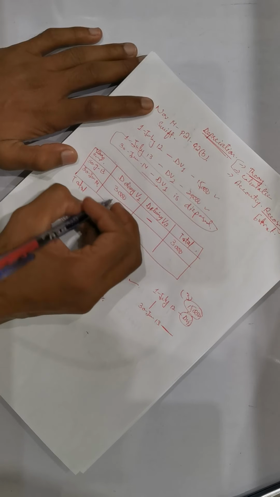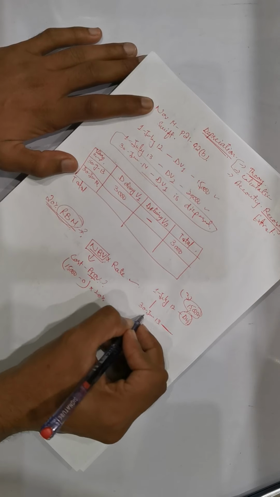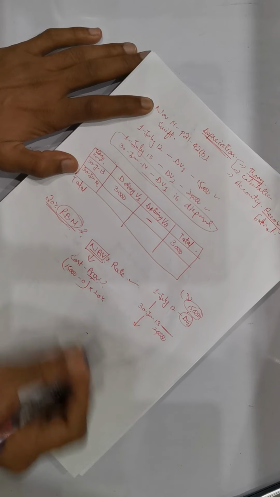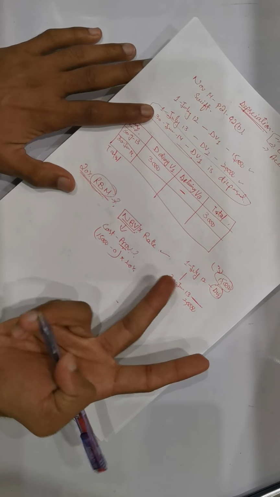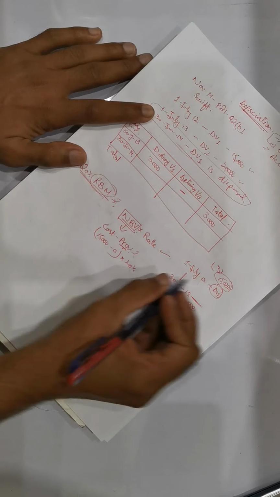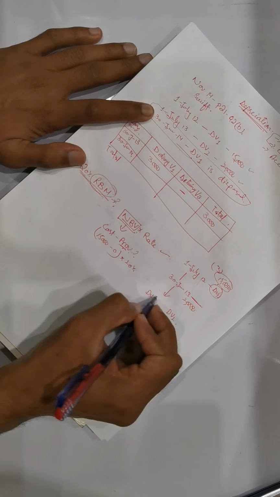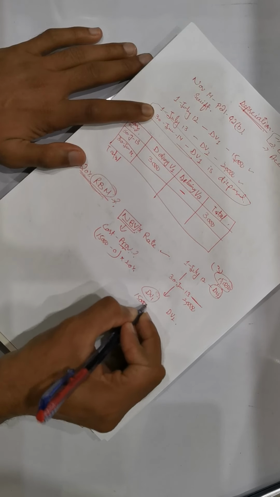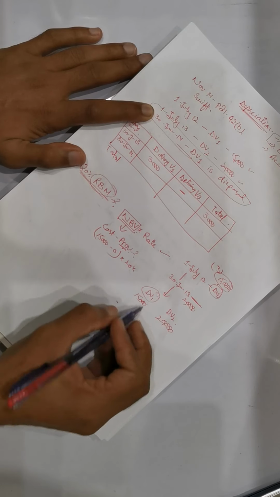In year 2, I have bought the other motor vehicle for 20,000. Now in total I have two motor vehicles, DV1 and DV2. DV1's cost was 15,000 and DV2's cost is 20,000.